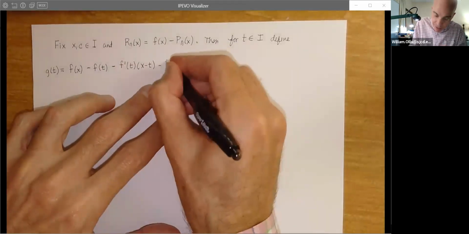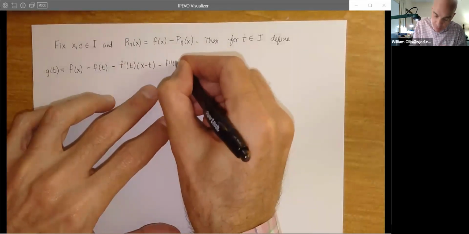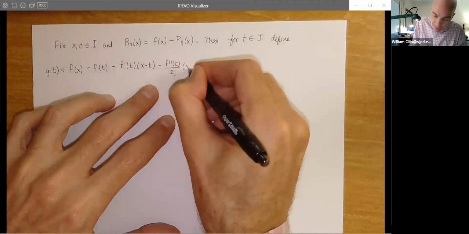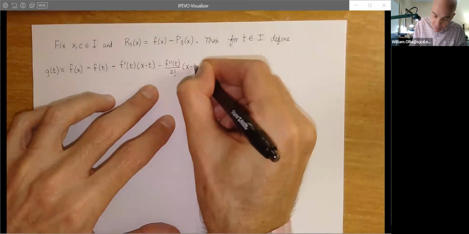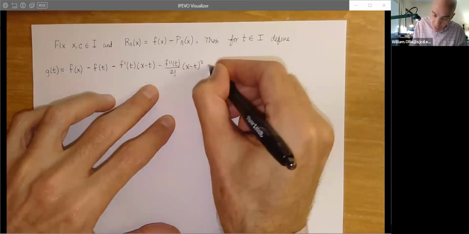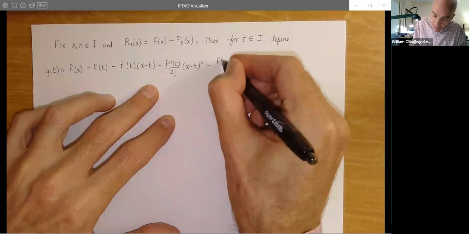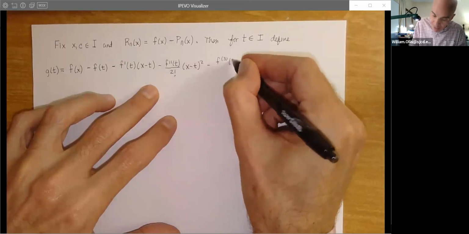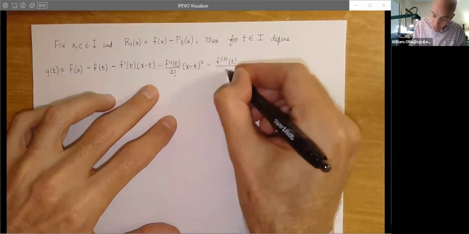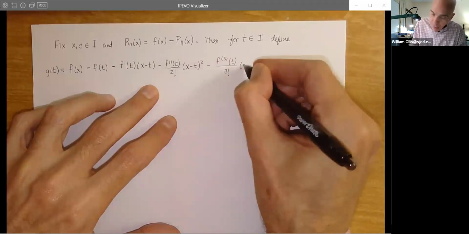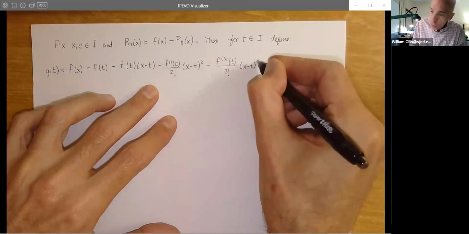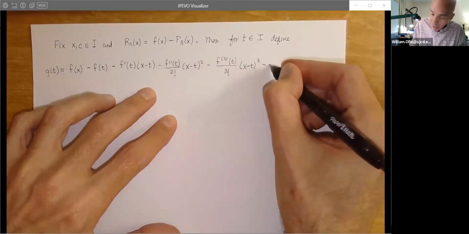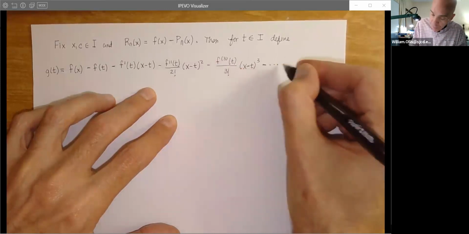So minus the second derivative at t divided by 2 factorial x minus t squared, and I'll write the third one, f triple prime at t divided by 3 factorial x minus t cubed, and then we'll just bump down to the very last one, and then the remainder type looking term.